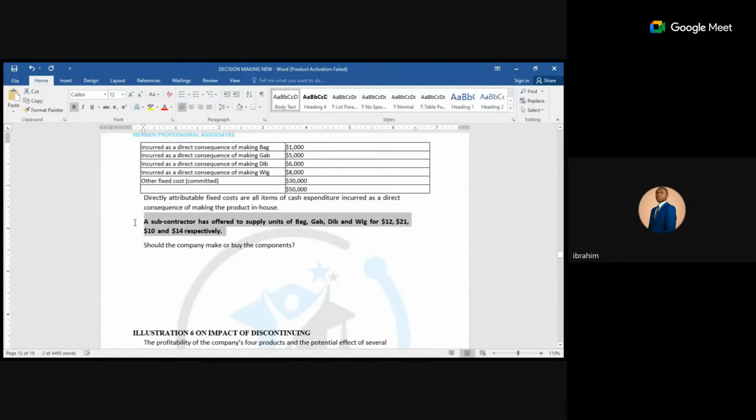So we need to compare the costs of outsourcing it and producing that product in-house. Then we will use it to make a decision. Should we make this product in-house or buy it? Right. So, suggested solution.